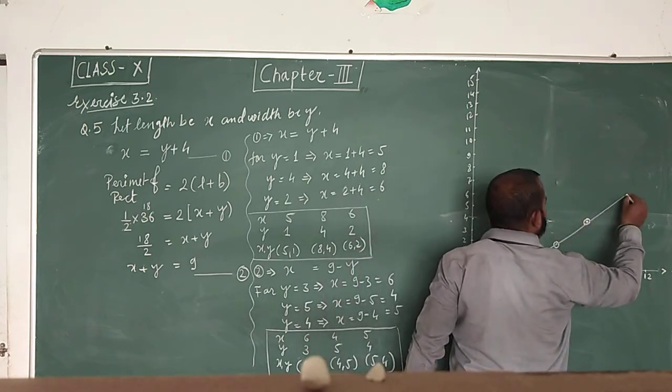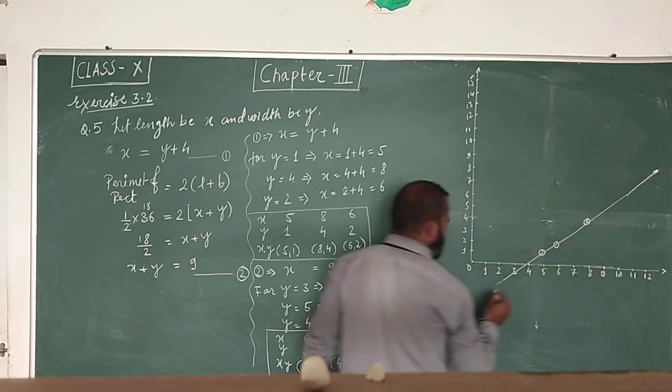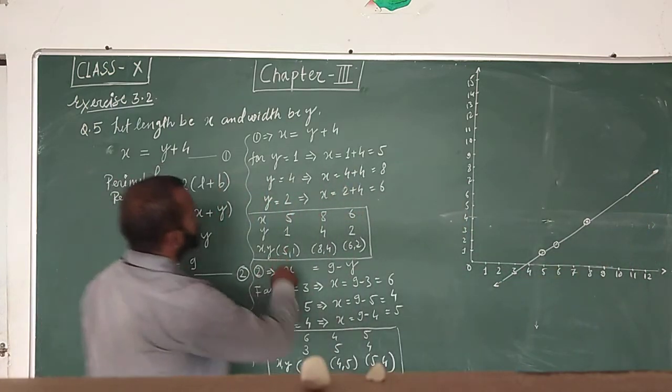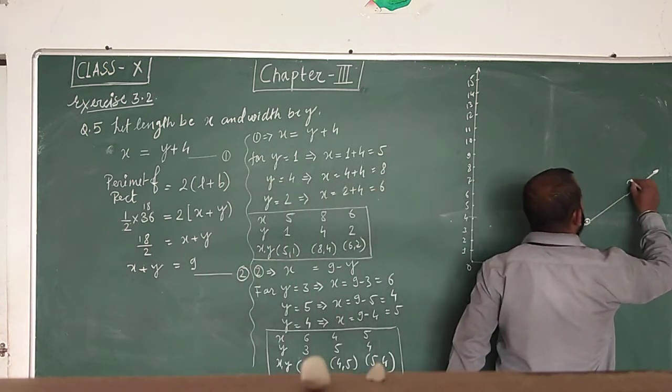So this is one of the lines. Another one. This is for x equals to y plus 4.